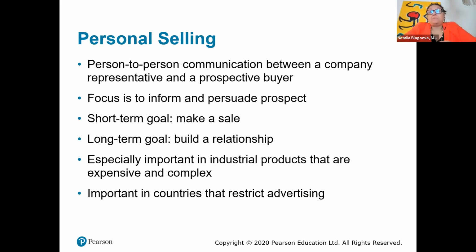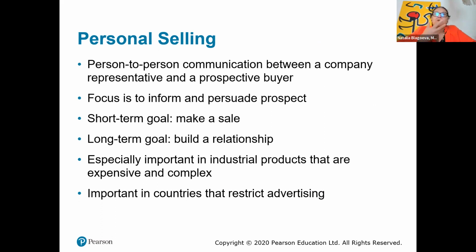The next type of communication method we have is personal selling. So personal selling involves person-to-person communication, and this remains a major way of how we sell and promote certain products, but this would be more complex products, more technical products, for example, and also products or services where we need to build a long-term relationship.